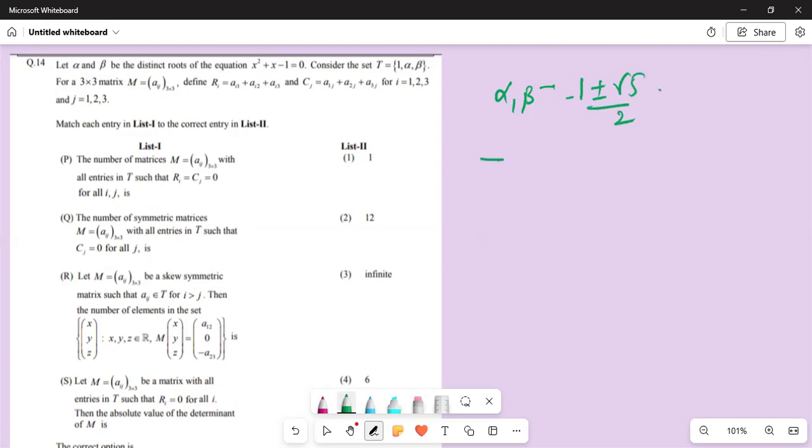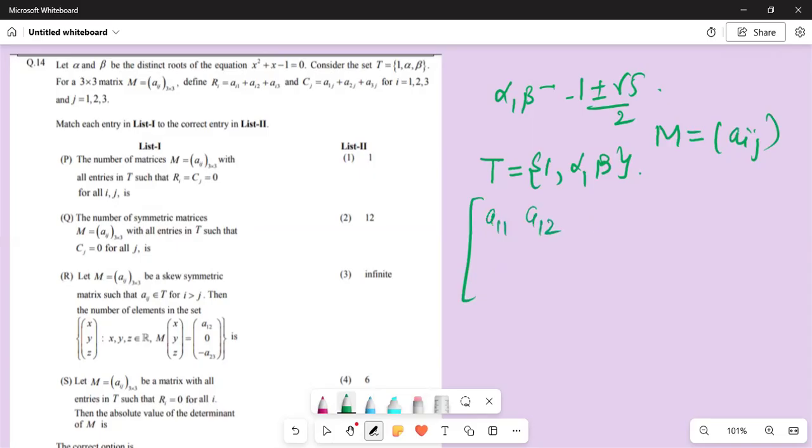And we have a set T, which is 1, alpha and beta. We have a matrix Aij, and they have defined some things. So they're saying that if this is the matrix A11, A12, A13, A21, A22, A23, A31, A32, and A33.